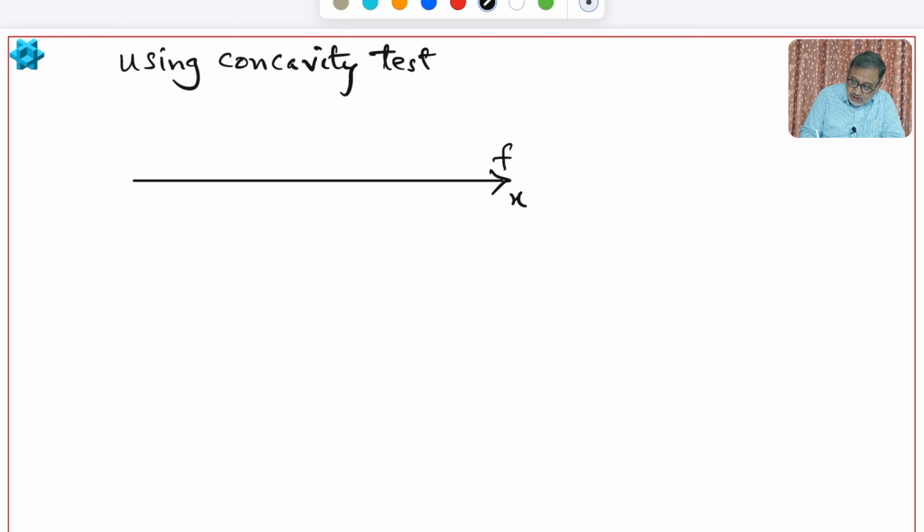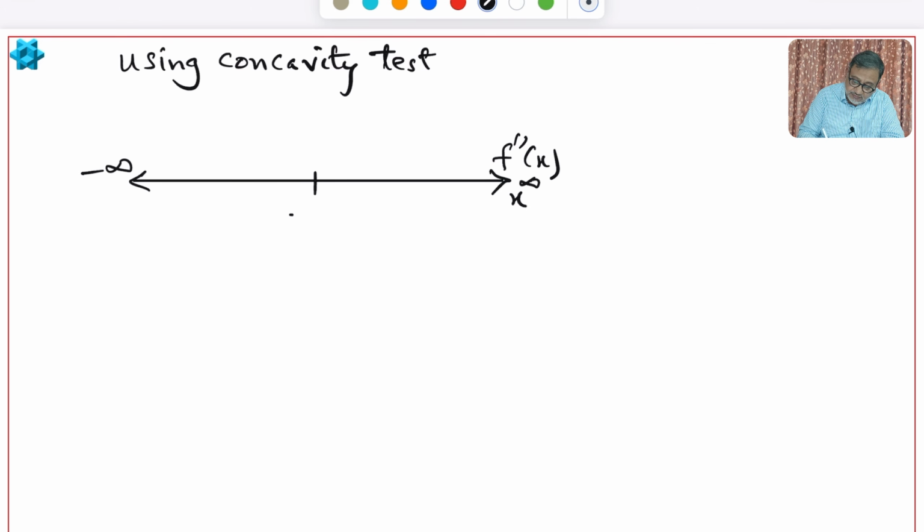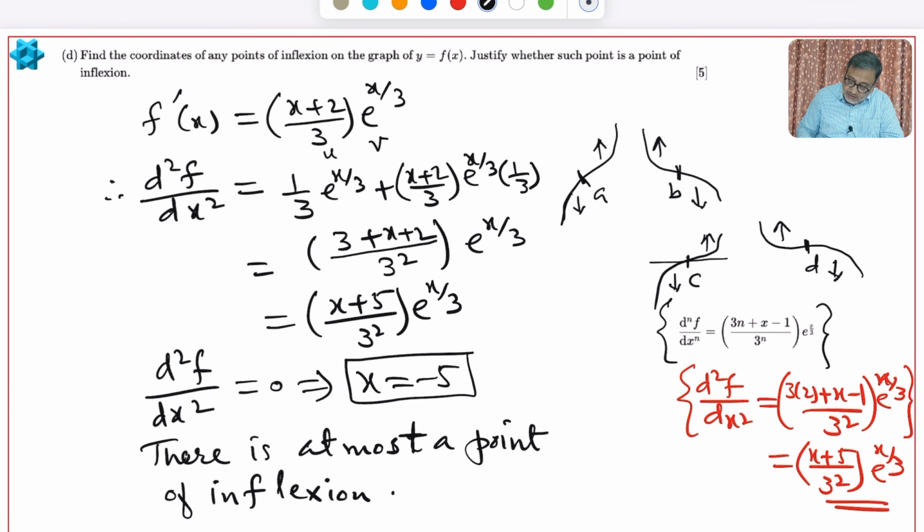So x, and the sign of f double dash of x, from negative infinity to positive infinity, with the value minus 5 here. I will copy the second derivative again for your reference. This is the second derivative, d2f by dx square.